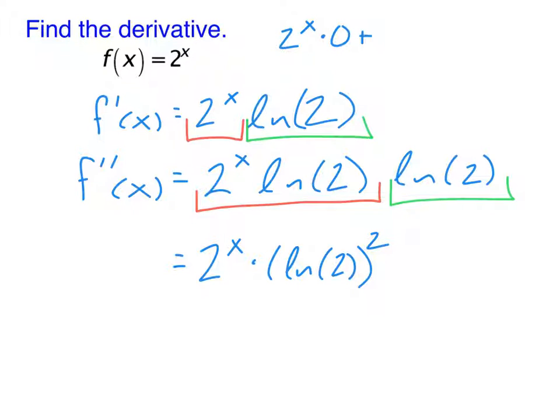Plus derivative times original, and so the derivative of 2 to the x is 2 to the x ln of 2 times the original, which was ln of 2. So you'll notice it gives us the same thing because 2 to the x times 0 ends up being a 0. We don't have to use product rule when it's a constant, because it just zeroes out.